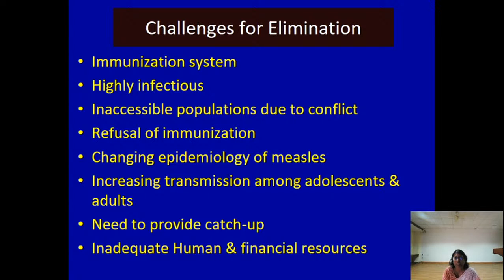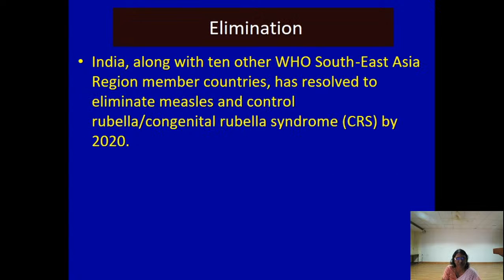There is increasing transmission among adolescents and adults, meaning a shift in the age group. All these are big challenges for us to eliminate measles from the country. It also needs catch up, and there are inadequate human and financial resources. That is a very big challenge for our country like India, wherein we have such a huge population, more than a billion.